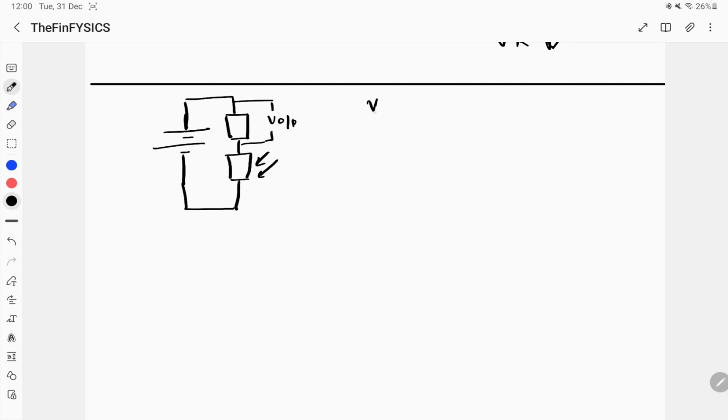My voltage output is nothing but, let's assume, the voltage across resistor 1. And I also know V1 plus V2 is your total voltage, which means if my V1 has to be large, my V2 needs to be small, and vice versa.